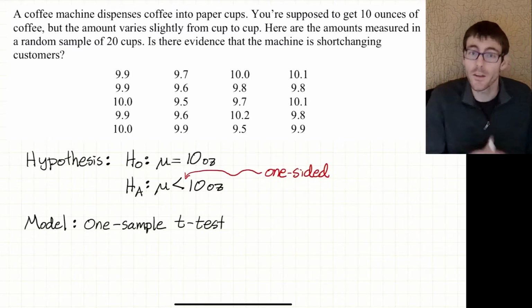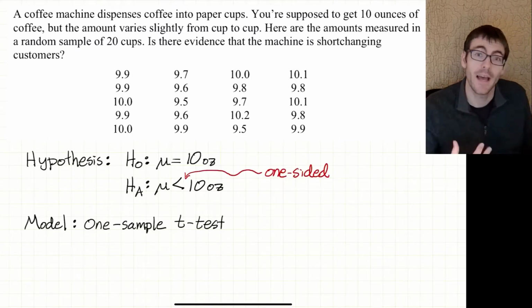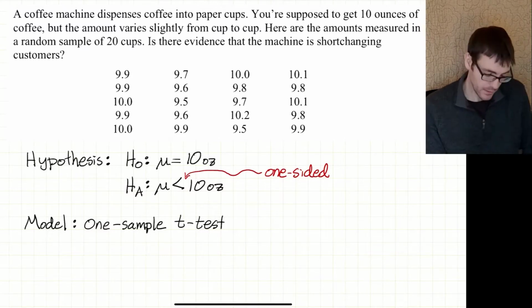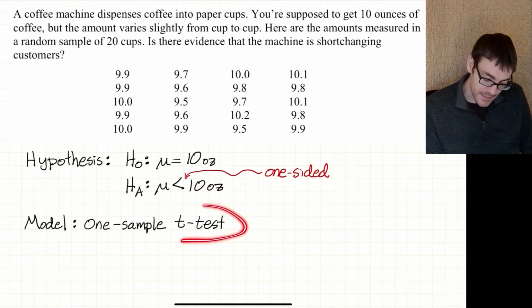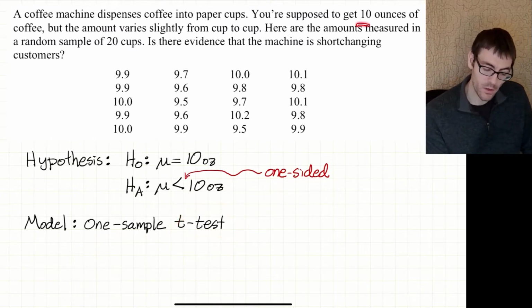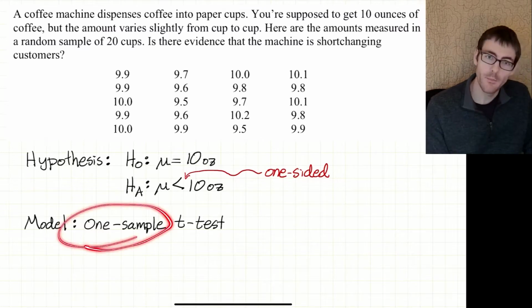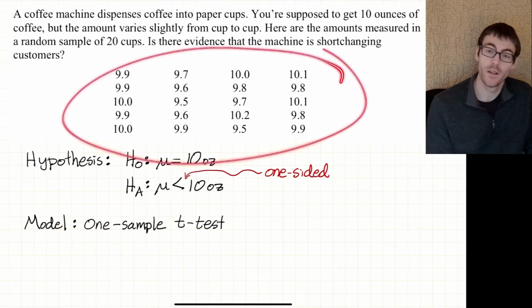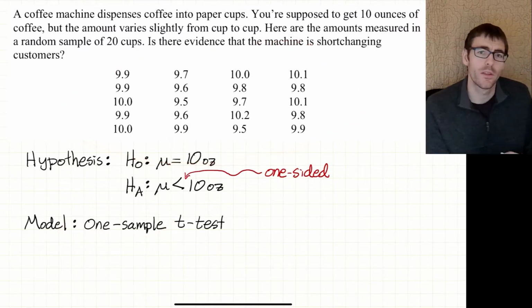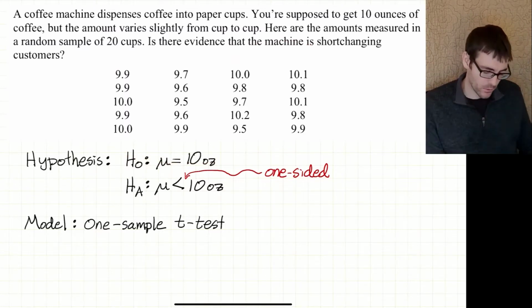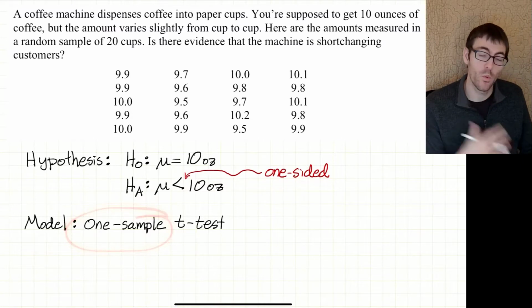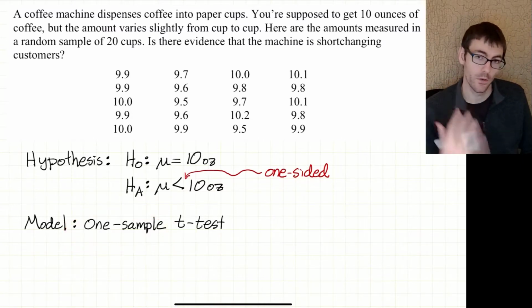Okay, so the particular type of hypothesis test that we're running is going to be a one-sample t-test. It's a t-test because we're working with a quantitative variable. The one sample comes in because we're only taking one sample. Next week, we'll deal with situations where we're comparing two samples to each other. But for now, this is the only type of quantitative hypothesis test that we know so far.